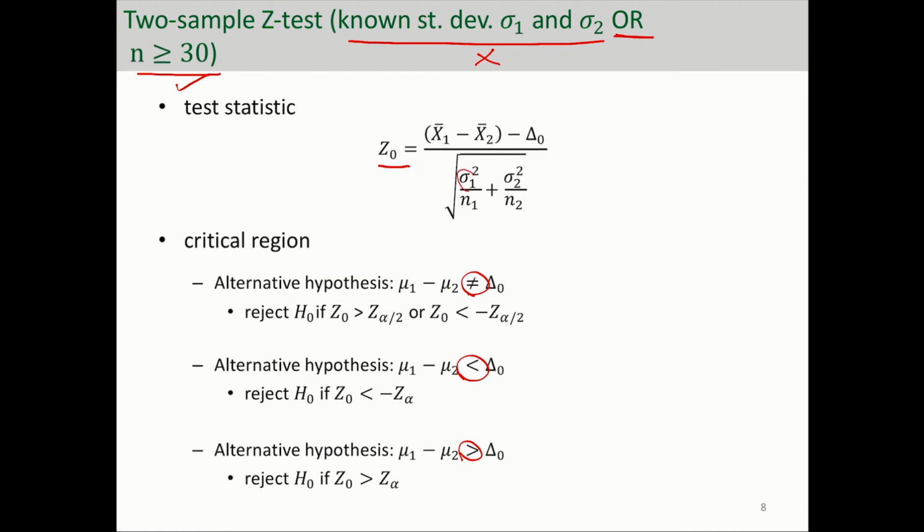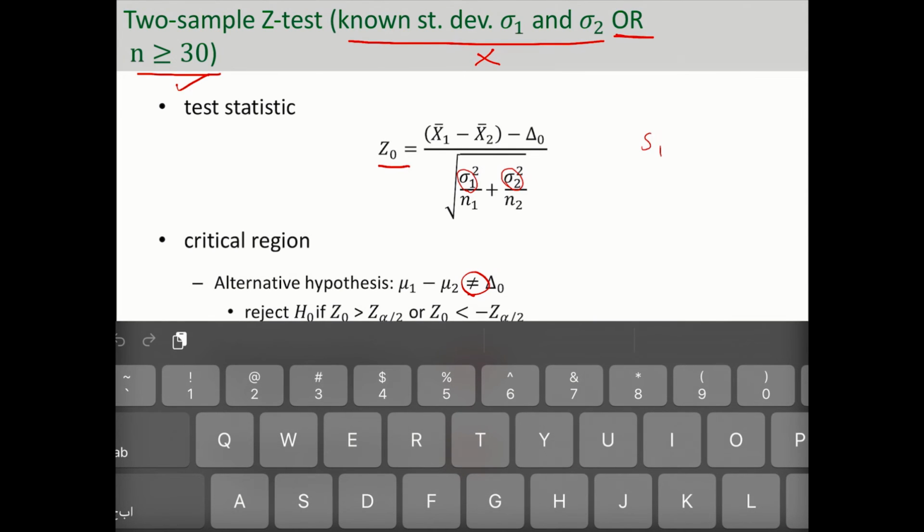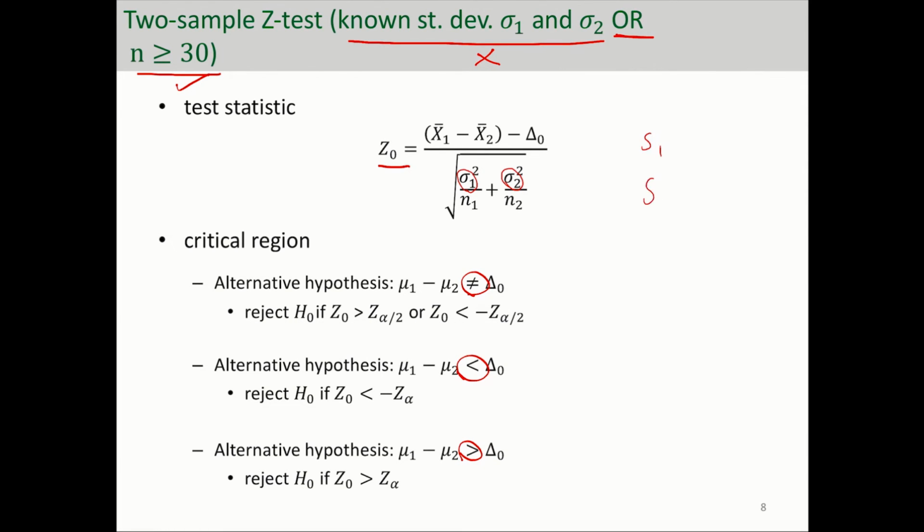In those cases, we replace these sigmas, or population standard deviations, with sample standard deviations, S1 and S2. And these are sample standard deviations. If sigma 1 and sigma 2 are unknown, we replace them with sample standard deviations.